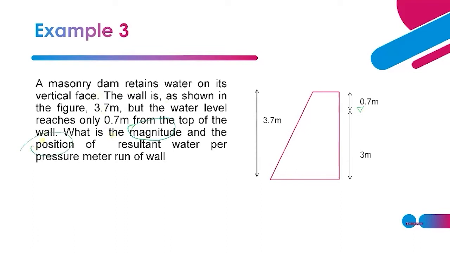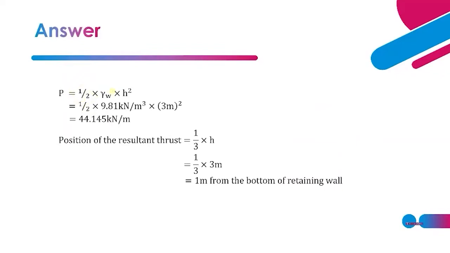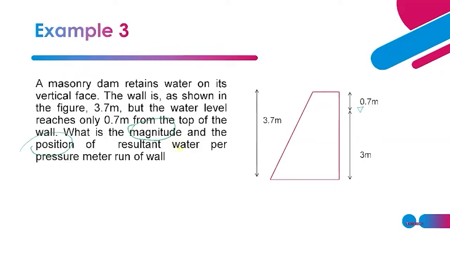Okay, position macam tadi, macam kita calculate dia kat mana the centroid of pressure distribution and the distance from the centroid to the bottom of the wall. Okay, macam kita kira wind pressure tadi. I use the same formula as the previous example. Unit weight of water memang 9.81. And density of water memang 1000 kg per meter cube.